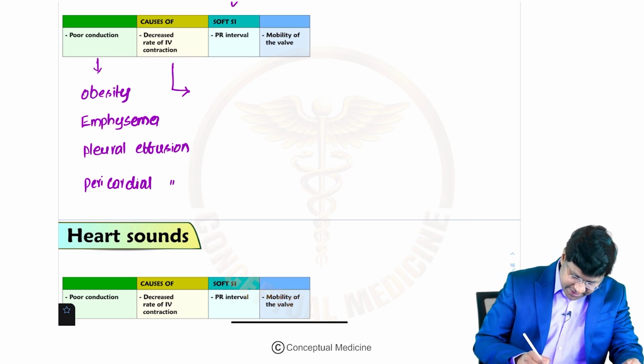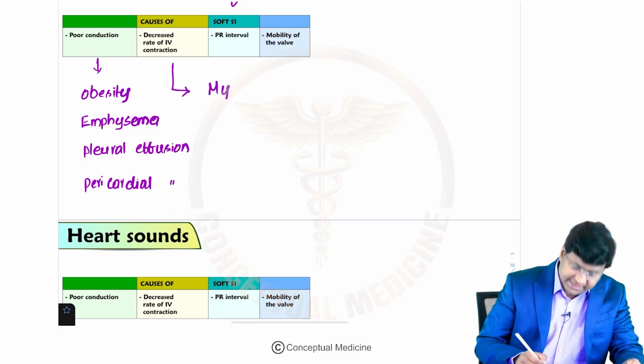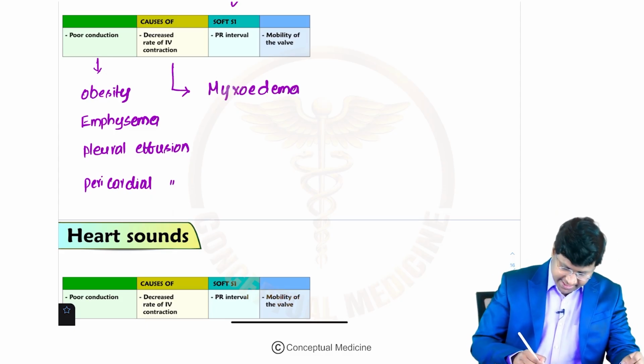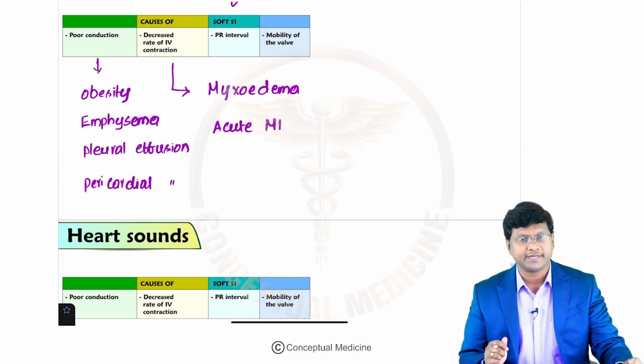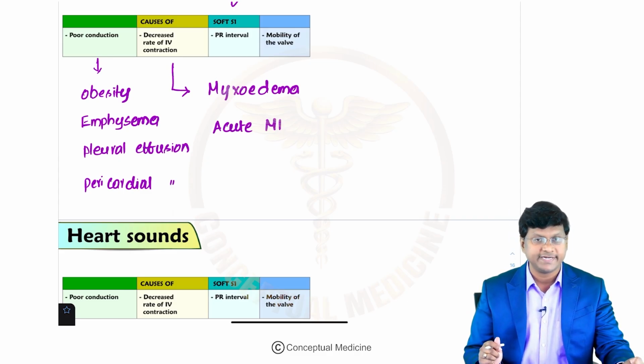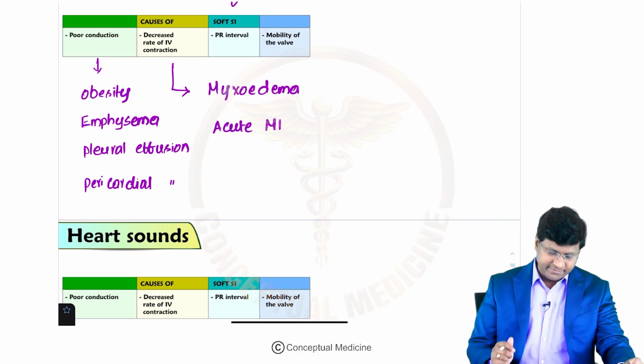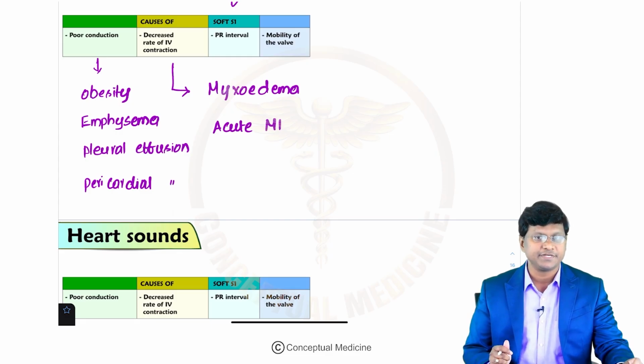That is in patients with hypothyroidism, that is myxedema. Number 2, acute myocardial infarction. In acute myocardial infarction, the LV contractility will be reduced because of the death of the myocardium, and thereby there will be a decreased rate of LV pressure development.